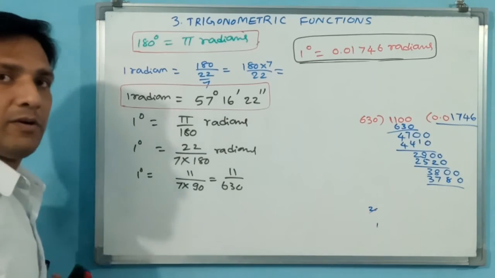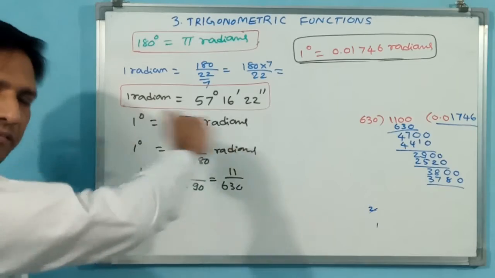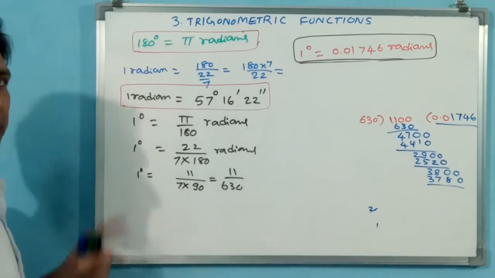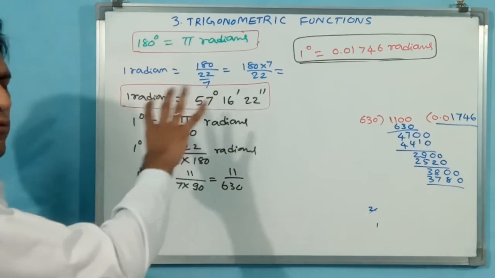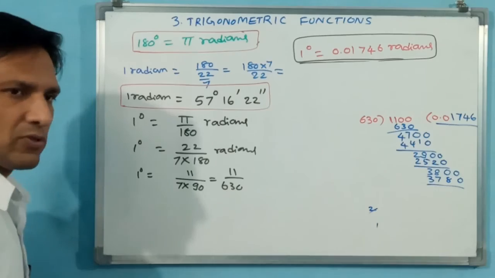Now let us see the standard degrees and radians comparison. Here we have seen only 1 degree and 1 radian. Standard 4, 5, 6, 7 degrees and radians comparison chart we will see, and we will close this chapter.